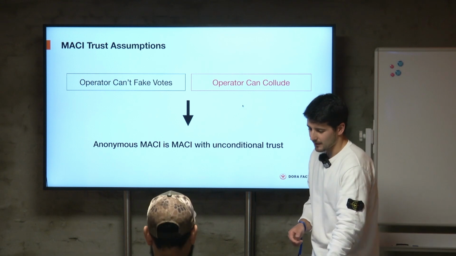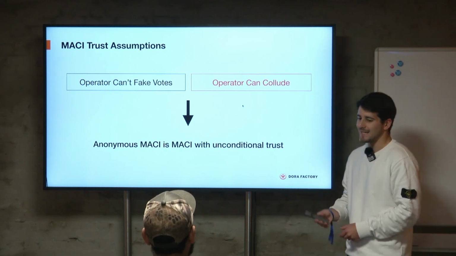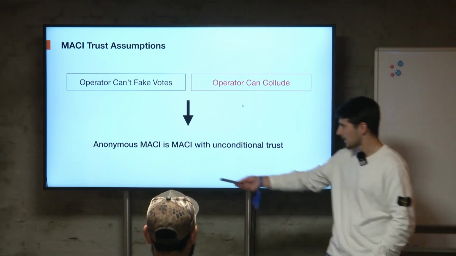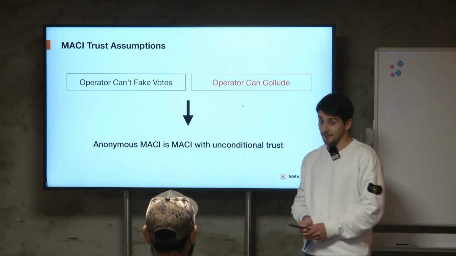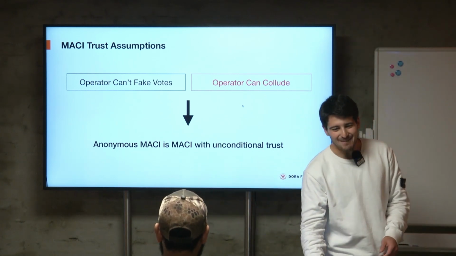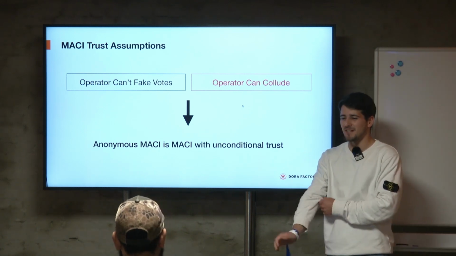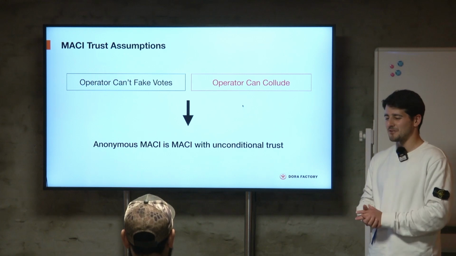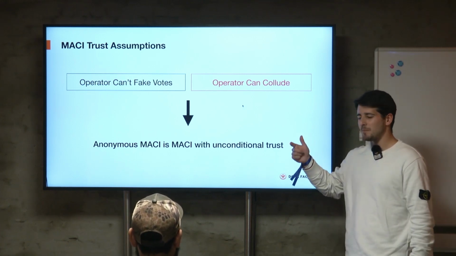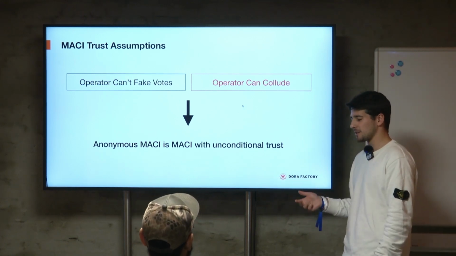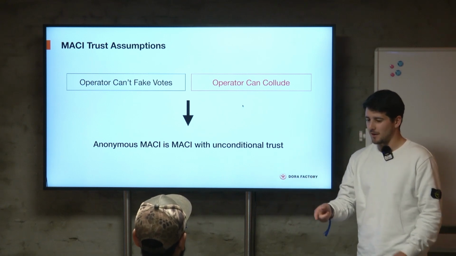And how we're solving that is something called anonymous MACI, which is AMACI for short. So with AMACI, this is actually just a technical improvement of the base infrastructure itself. The way it works is you don't just vote directly in the round, it's 2 steps.